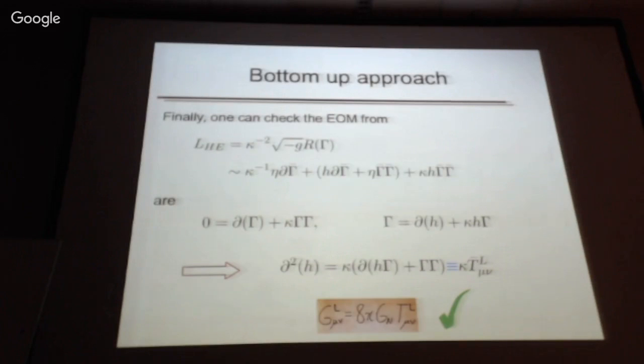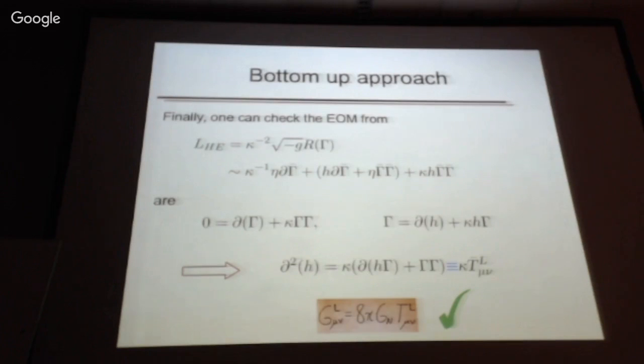So let's just see if that is exactly the same as what I would get from this cubic interaction. So this Hilbert-Einstein term, remember, is just the same Fierz-Pauli action plus a cubic interaction. So what are the equations of motion? The equations of motion are the following. These two, that's the Palatini formalism, and then if I combine them, I get the linearized equation: the box operator on the left, and on the right, from this cubic interaction, I get this term.